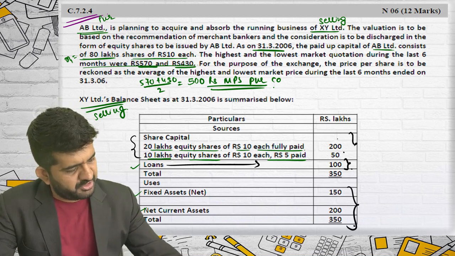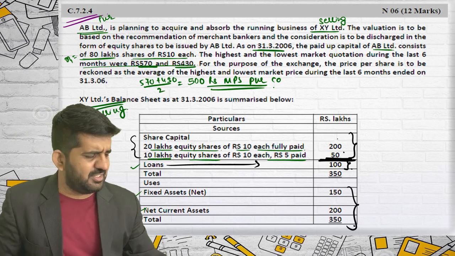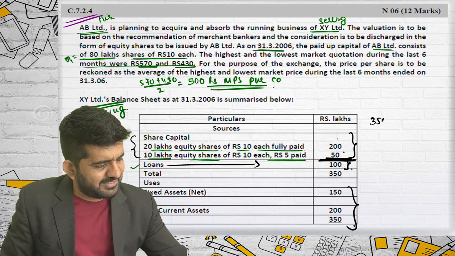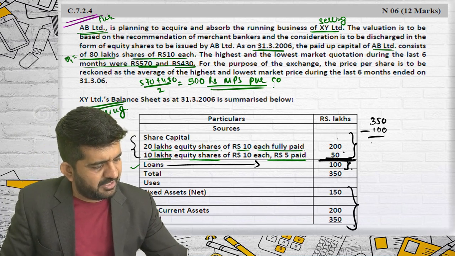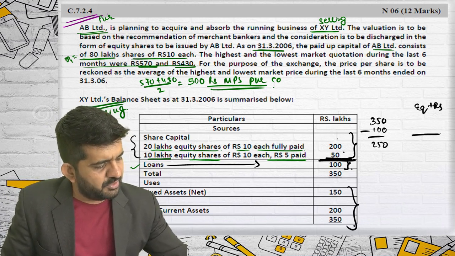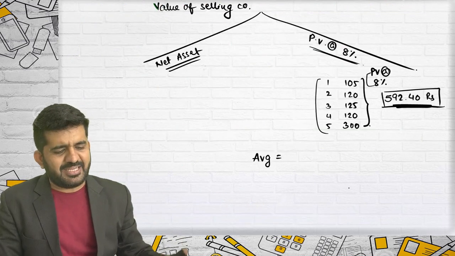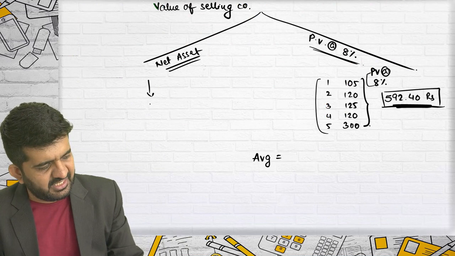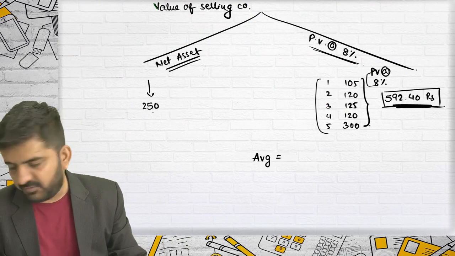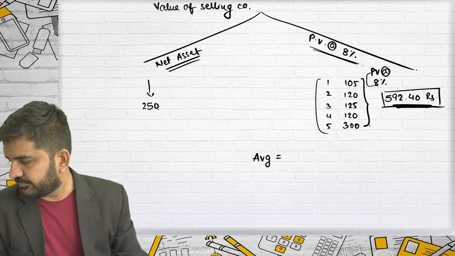Here there is no reserves, so share capital, which is 250. So net asset value is very simple. It is directly given. It is nothing but 250.